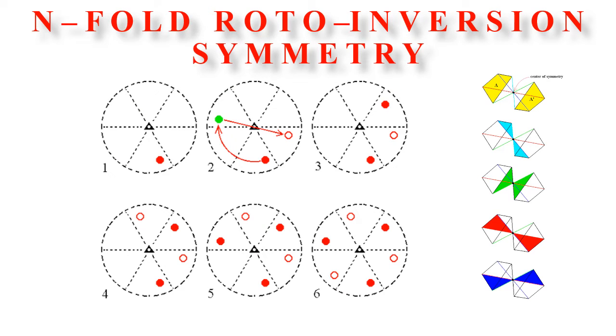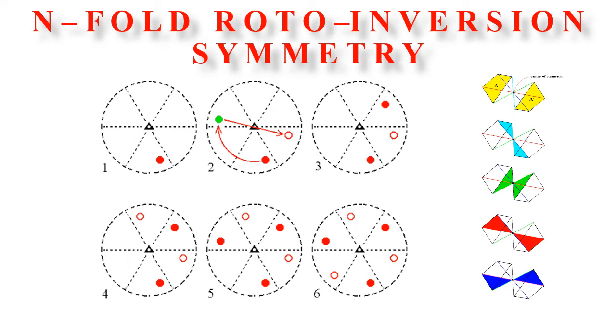We may have n-fold roto-inversion symmetry. The object will transform into itself after following two-step operations. For example, a rotation through 90 degrees along the axis followed by inversion. So this leads to formation of similar features.